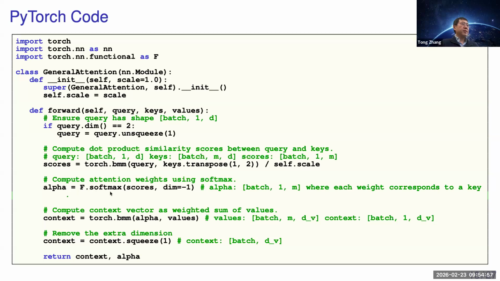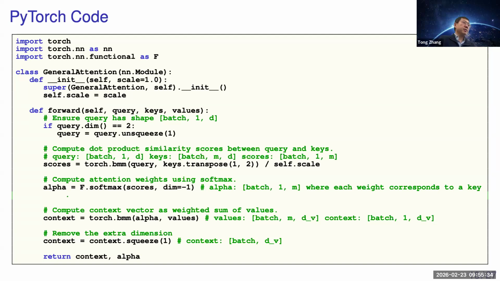And then this alpha is the softmax, right? You pass that through a softmax to get your alpha, and alpha has shape batch by M. Then you have values with shape batch, M, and you do a batch matrix-vector multiplication, which becomes 1 by d_v, and then you squeeze the 1, which makes the context a d-dimensional vector.